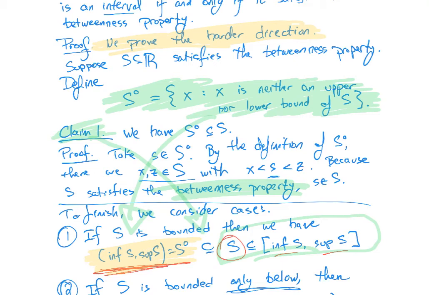And one final clarification: we do have this property that any set of real numbers is either bounded, bounded only above, bounded only below, or not bounded. So that covers all sets of reals.